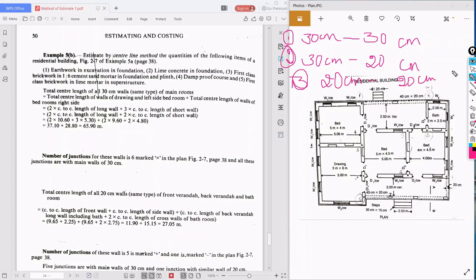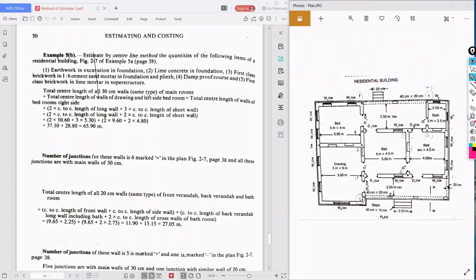So we can find three types of junctions. In that, we need to find out how many junctions of each type there are: how many junctions the 30 centimeter walls are creating with each other, and how many junctions the 30 centimeter and 20 centimeter walls are creating. This is our first job whenever we see a residential building.